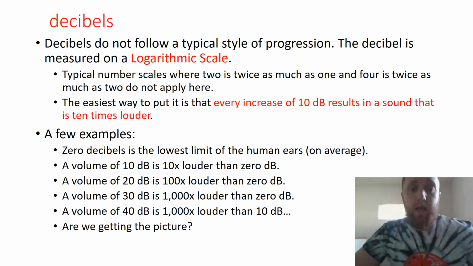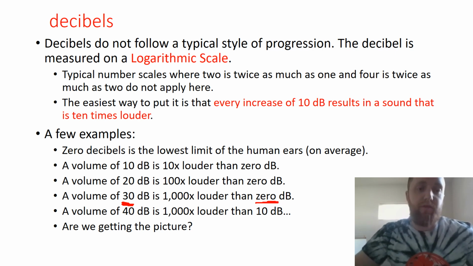If you were to take this number right here, you're going from 30 to 0. So from 30 to 0, you're going to have a logarithmic factor of 3 times louder, basically. So what that means is that with that 3, you're going to add 3 zeros, and that would give you 1,000 times louder.